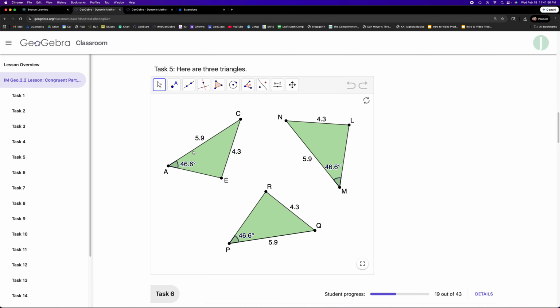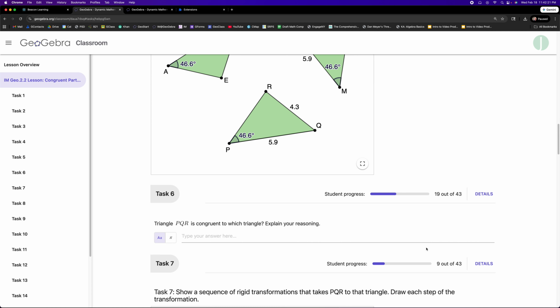I go along that edge, and I've got 5.9, and then the next side as I go around is 4.3. Same thing over here. I start off with my angle, 46.6, then I cruise along, and I've got my side that's 5.9, and then the 4.3 side. So it looks like they're all set up in the same way.